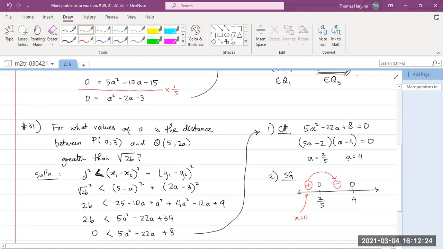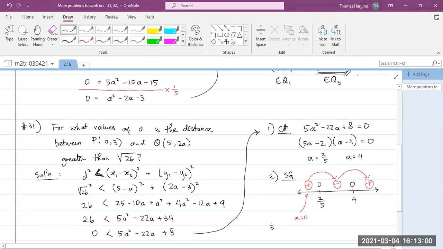If the multiplicity of this critical number is odd, this critical number comes from here, the exponent is 1, it's odd, then when you jump across that critical number, you change the sign. Likewise, 4 comes from x minus 4 to the power of 1. That's odd multiplicity.